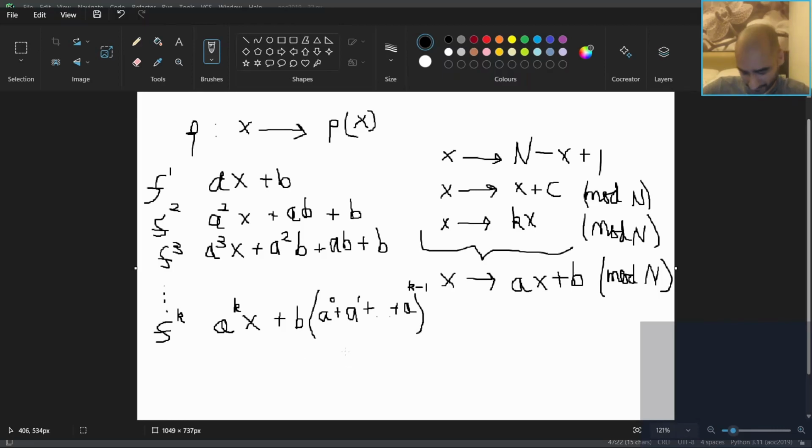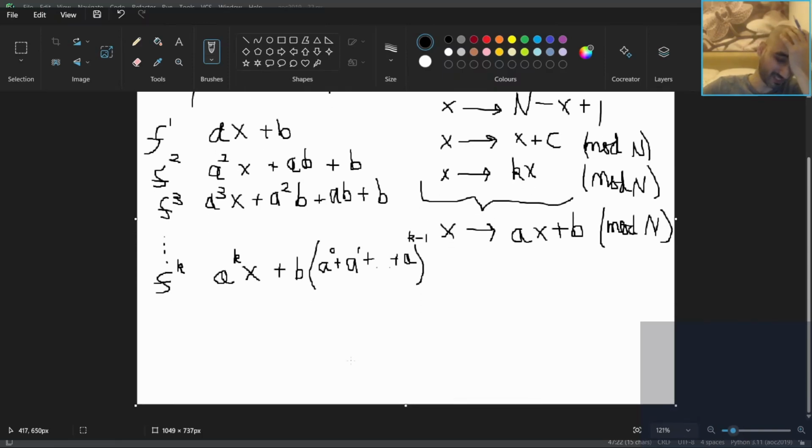I don't remember what the formula for this was. Is it A to the K minus 1 over A minus 1? I actually don't remember, so I'm just going to look this up to make sure I got it right.